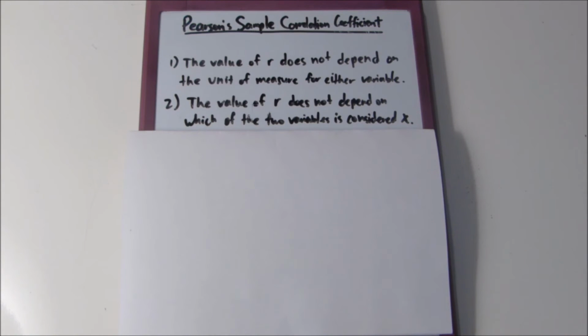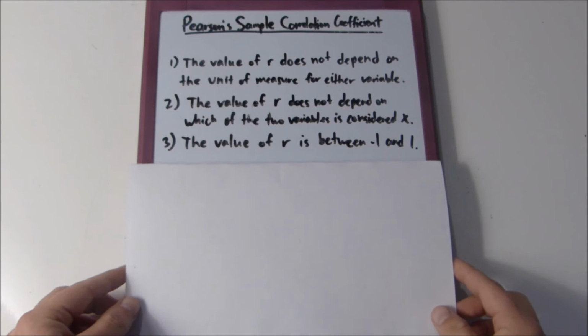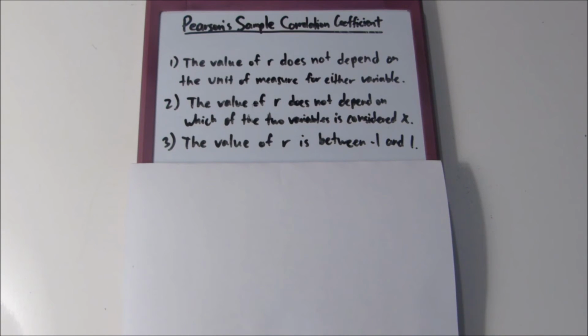We simply choose one to be y and one to be x to make it easier for ourselves, but for the most part, you could switch them. If you try calculating one correlation coefficient one way and then flip the two variables, you should end up with the same correlation coefficient.